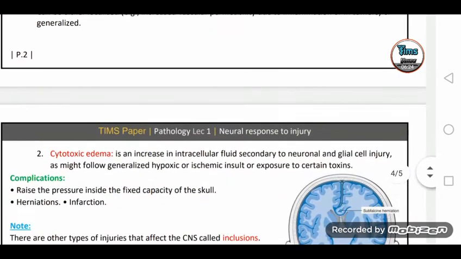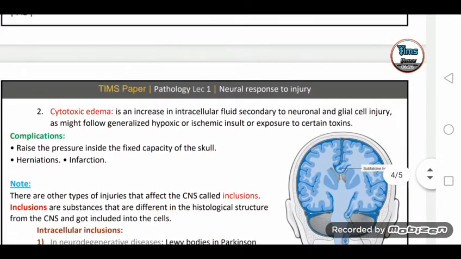Number 2, the cytotoxic edema. As we know, cyto means cell, toxic, it's almost the same meaning as death. So it's an increase in the intracellular fluid, and it's secondary to neuronal and glial cell injury. So the neuron is one of the cells that, after being severely injured, has a cytotoxic activity.